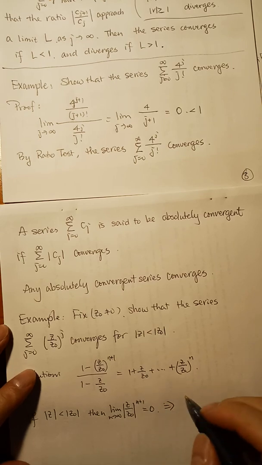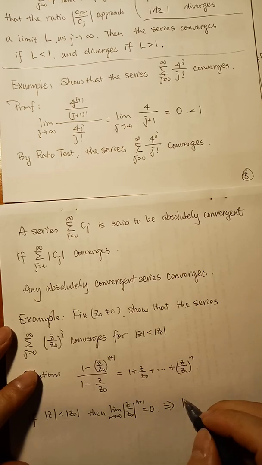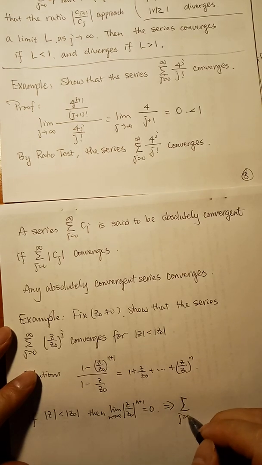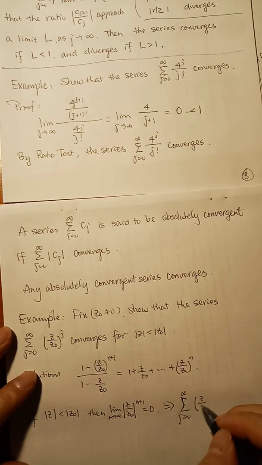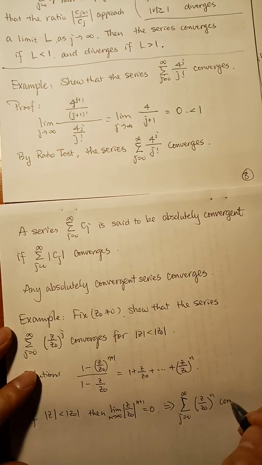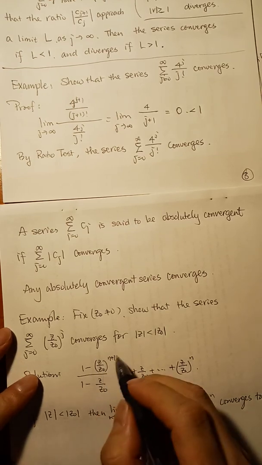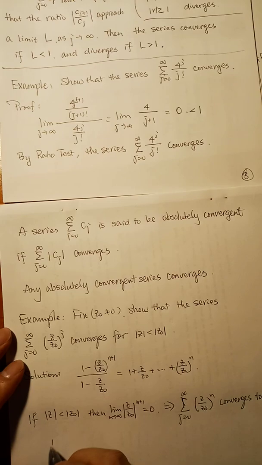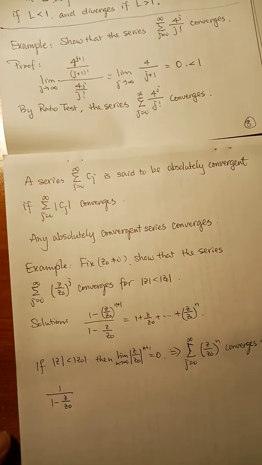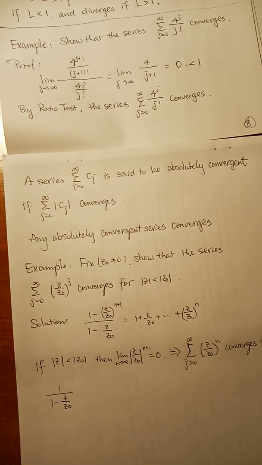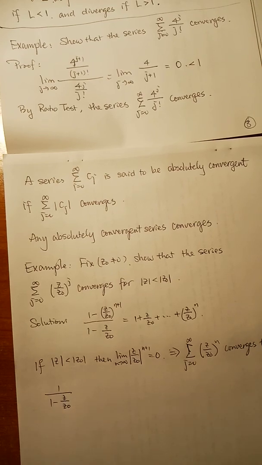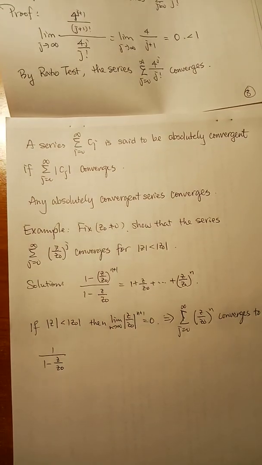So this implies the series sigma j from 0 to infinity of z over z0 to the nth power converges, when you take the limit this term disappears, to 1 over 1 minus z over z0. So it does not give any new stuff. It's just a geometric series.